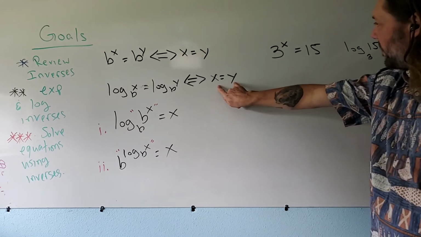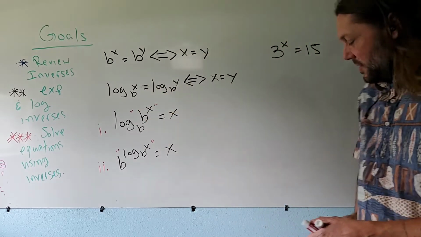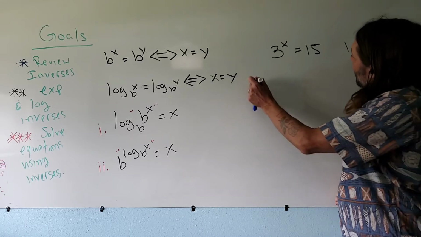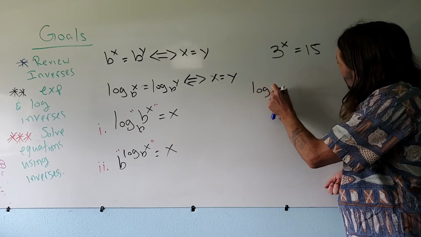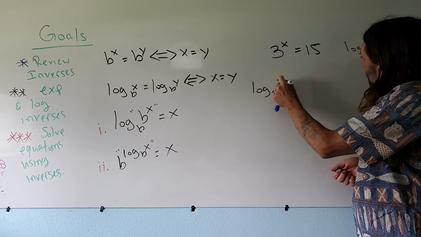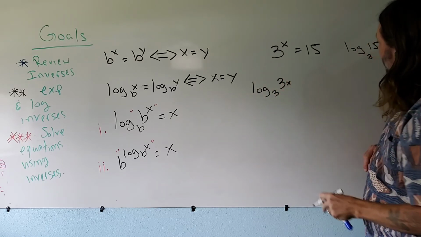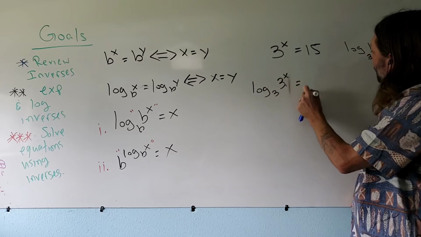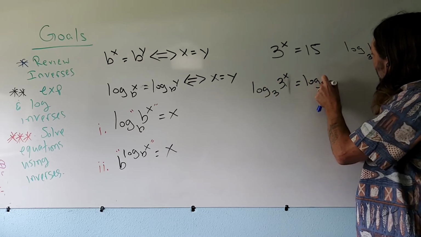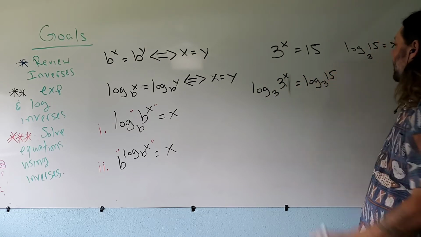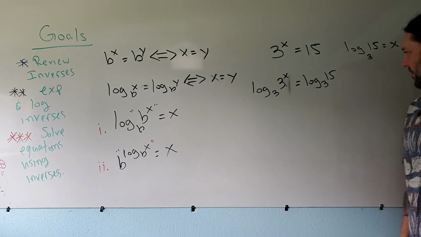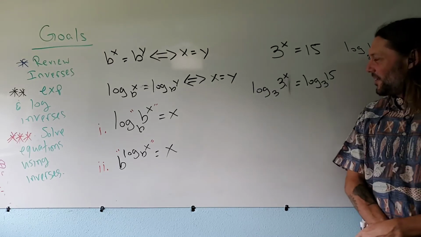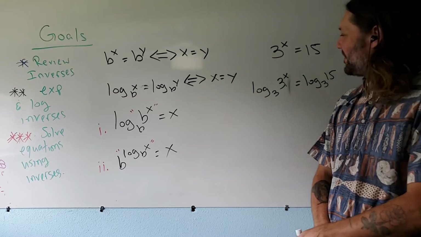So it's now going to be log base 3 of 3 to the x, and that's equal to log base 3 of 15. Again, like I said, this is such overkill. It's a lot of unnecessary steps.